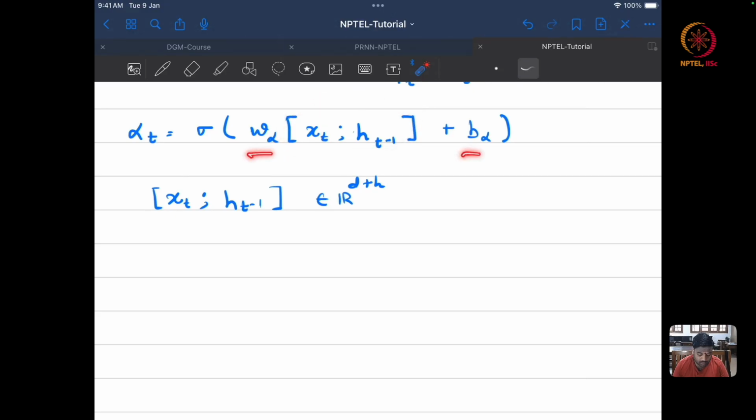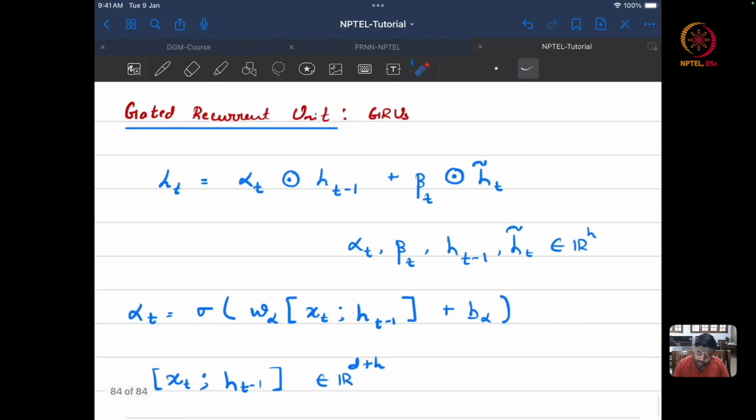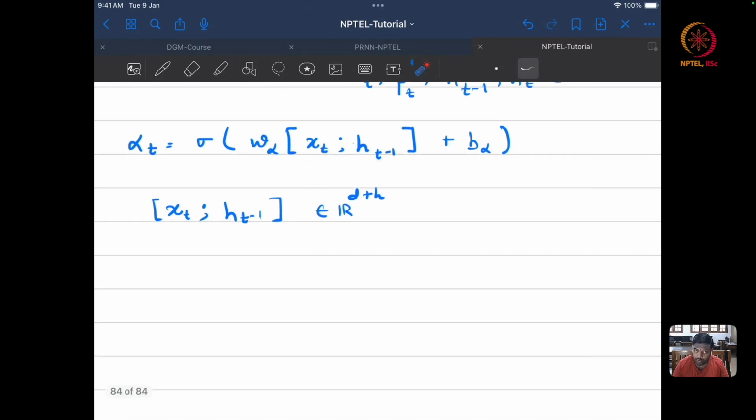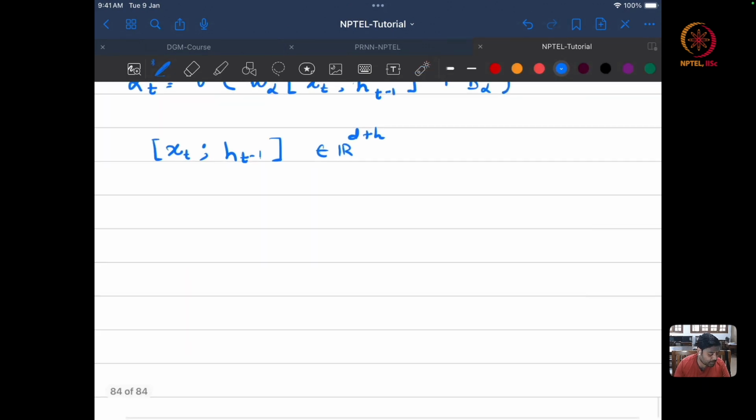Now it is the sum of two things. Alpha_t should belong to R^H. Therefore this has to give me an output belonging to R^H, and this also should be in R^H. So W_alpha belongs to R^(H cross (d plus h)), and this b_alpha belongs to R^H.